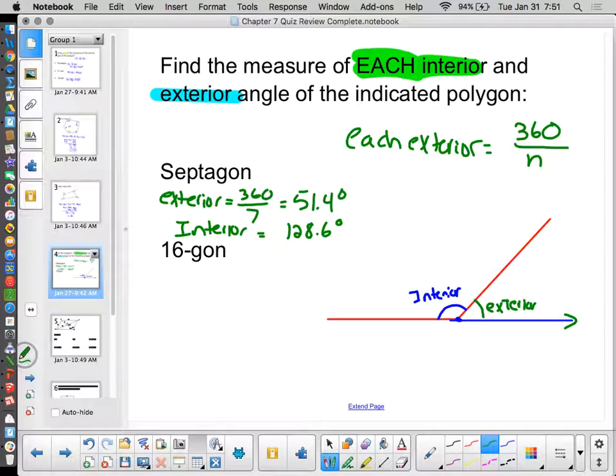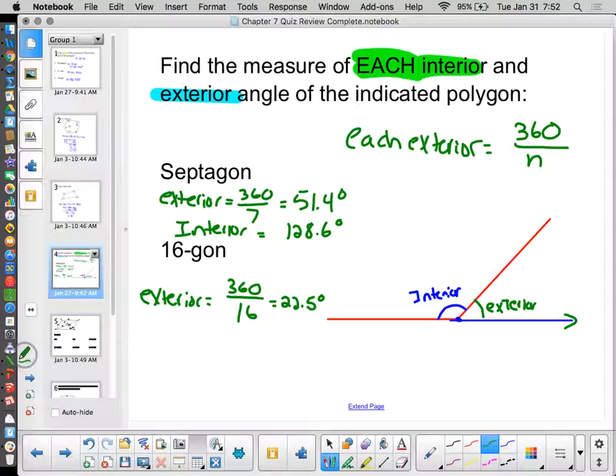Okay. How about for a 16-gon? What's the exterior going to be? 360 divided by? What am I going to divide 360 by? 16. Okay. Oh, no, it's a half? Really? I consider anything with a half a very nice number.